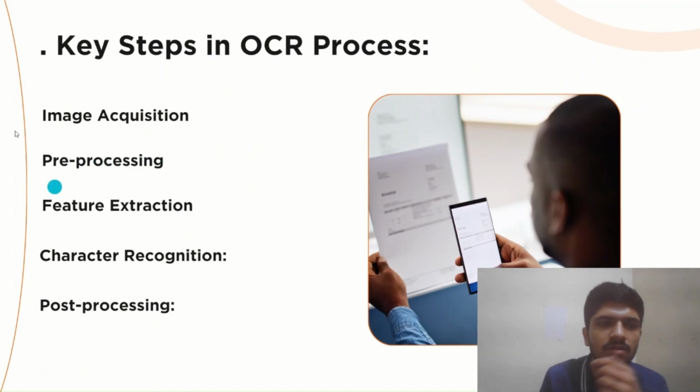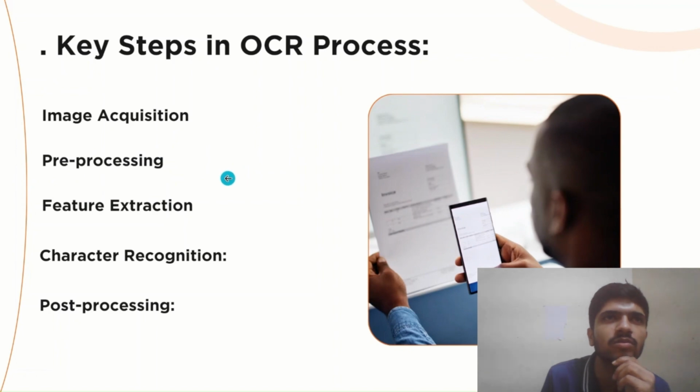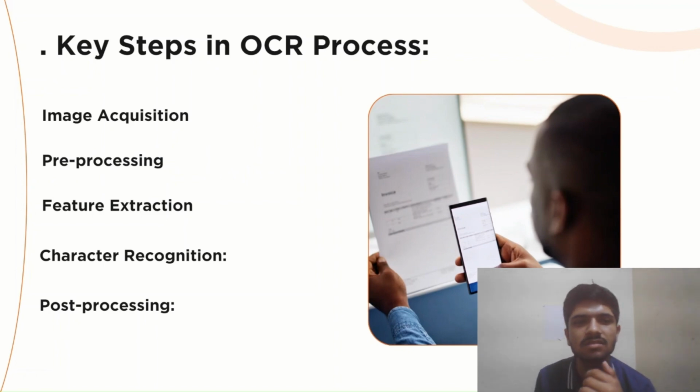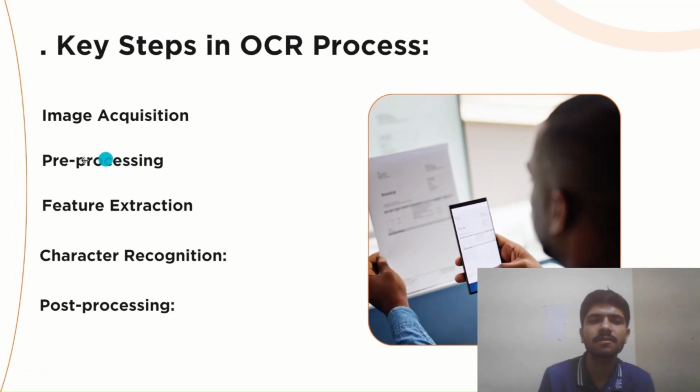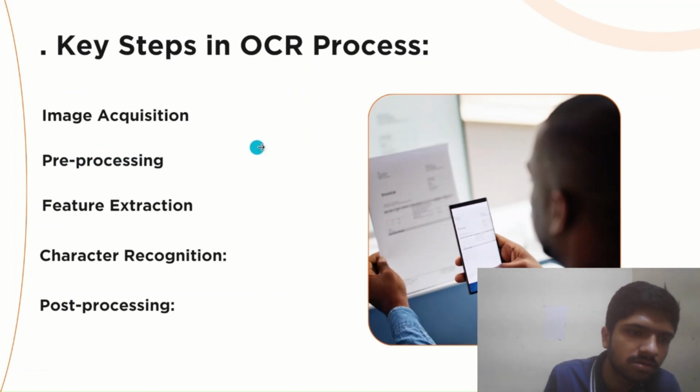Pre-processing means to improve readability, to process the image in such a way that it makes it easier for the algorithm to recognize characters in the image. For example, while pre-processing, we improve the contrast and the brightness of the image, so that it is easier for the algorithm to detect characters in it.